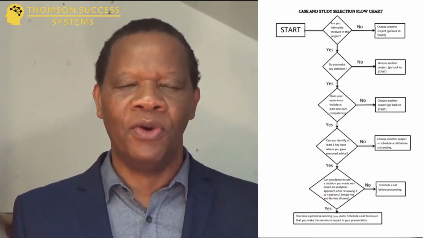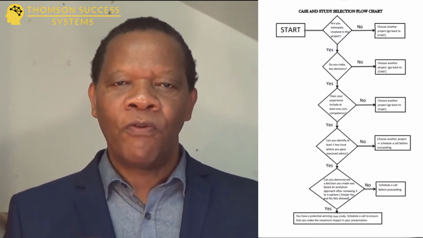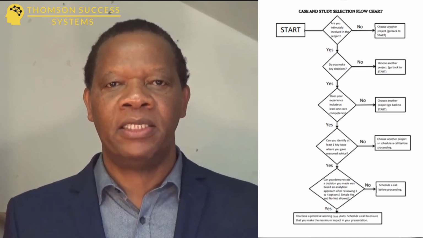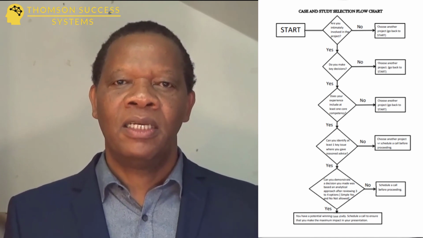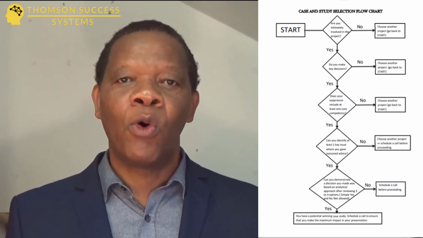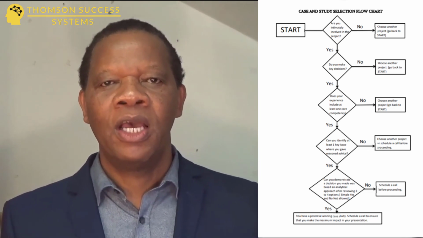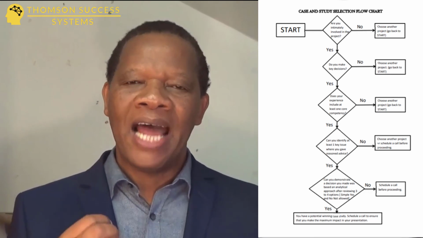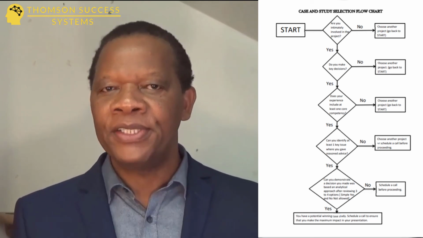Just below this video, you'll find a downloadable PDF of the flowchart that you can use for analyzing your projects to make sure that they're suitable for an RICS APC case study.